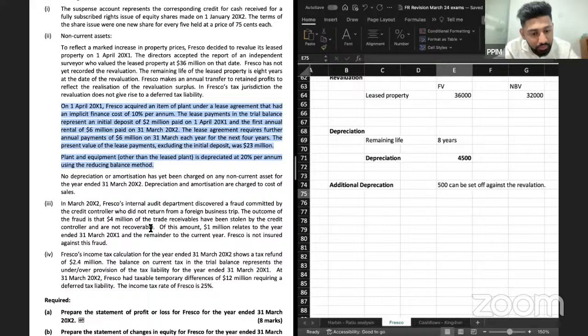First thing that you need to understand is, are we paying in advance or in arrears?